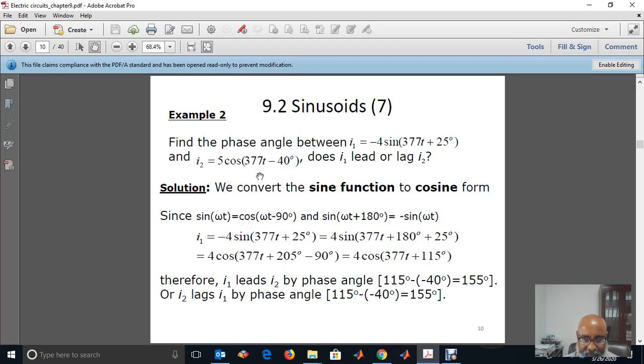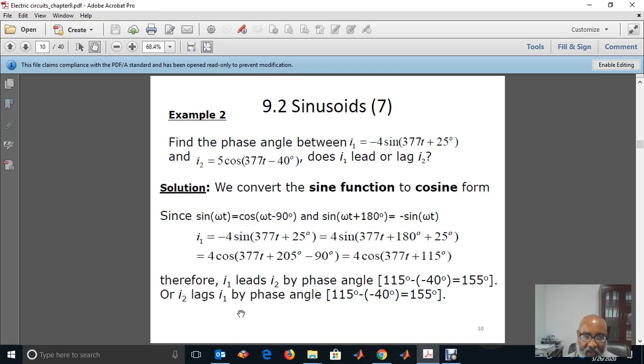Okay, remember they have the same frequency. This has 5 amplitude. This has 4. 377, the frequency in radian per second. Now the phase angle is, this is 115, this is minus 40. Therefore, I1 leads I2 by an angle of 115 minus minus 40, which is equal to 155 degrees.